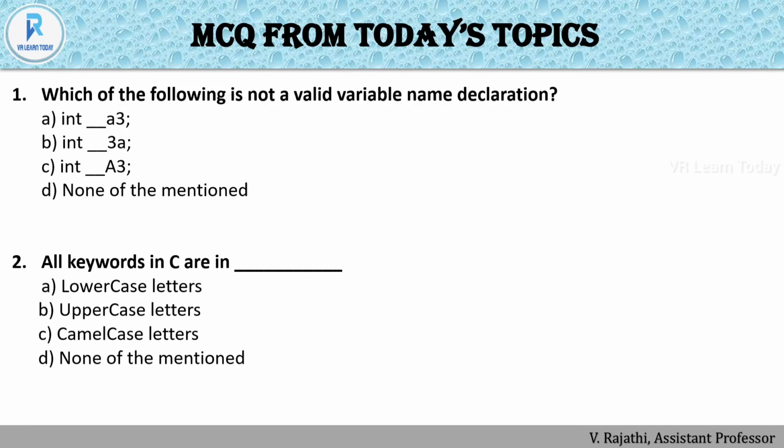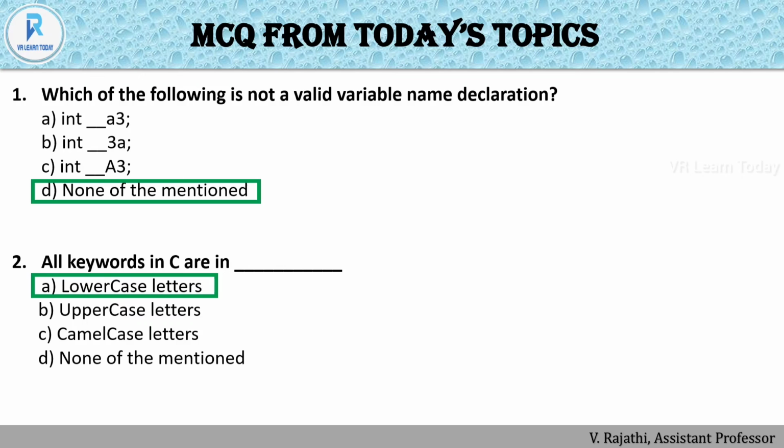Okay, so next, let's see some MCQs. We have to test ourselves. Which of the following is not a valid variable declaration? The answer is none of the mentioned above. These are all valid ones, none is invalid, because in a variable declaration we can start by using an underscore, and all keywords in C are in lowercase letters.